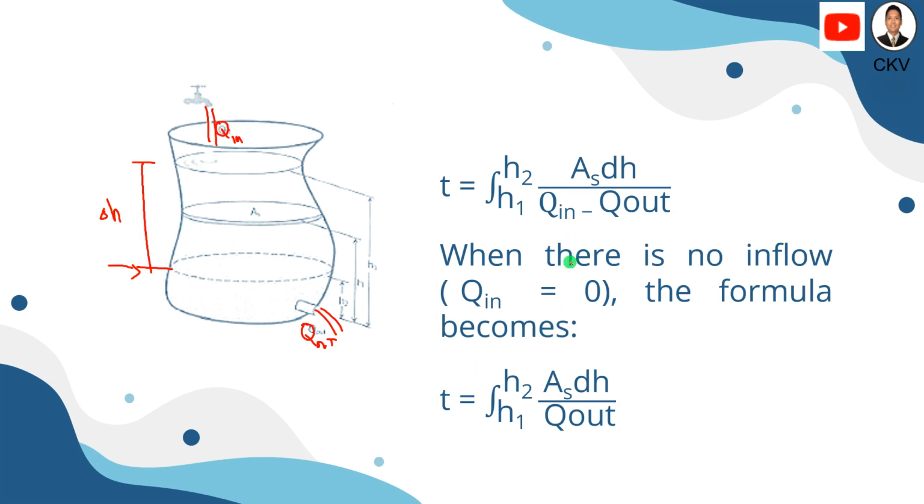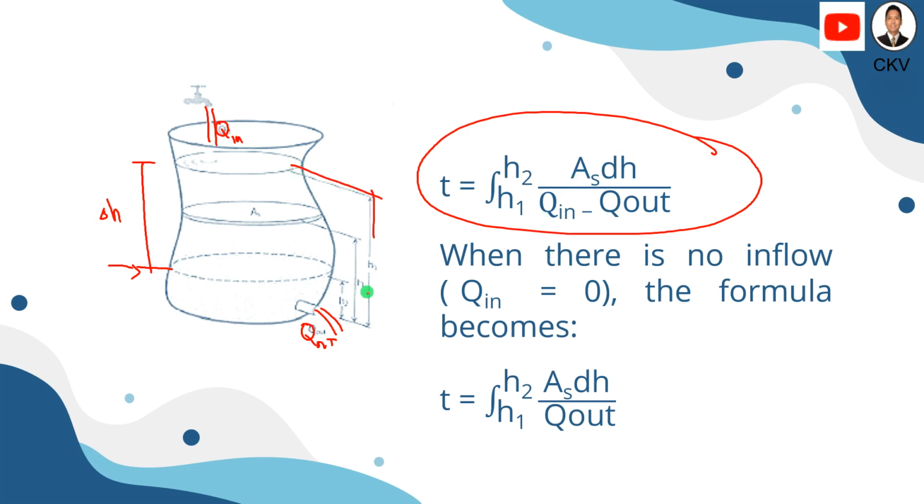So we will use integration if the surface area or the cross-sectional area of the container is varying in shape. So here's our equivalent equation where we have an upper and lower limit of h1 and h2. H1 is the initial height of the liquid and h2 is the final height of the liquid.